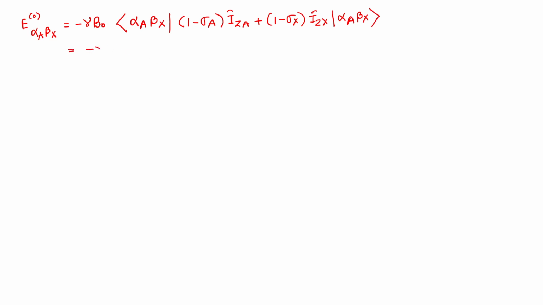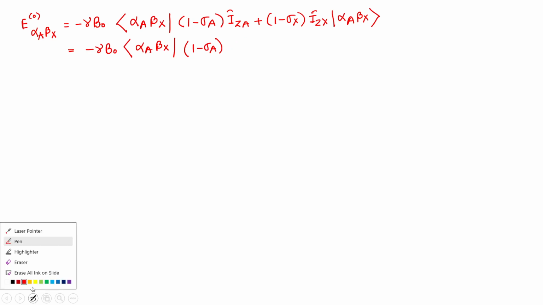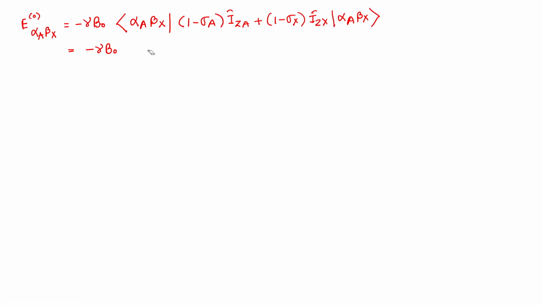So we will get gamma B0 alpha A beta X 1 minus sigma A. I could have taken this thing outside, but I will do the same thing I have done earlier, else it may confuse you.